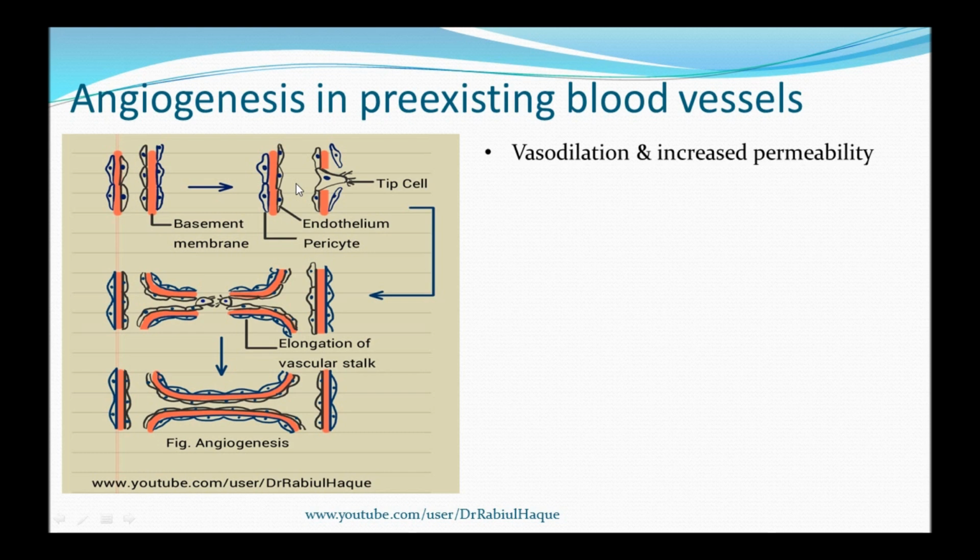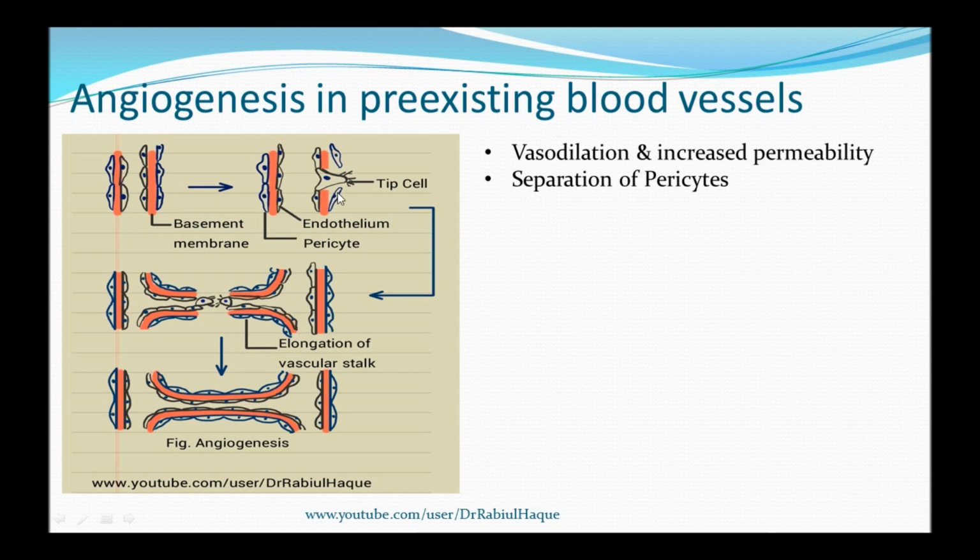Now the next step in angiogenesis is separation of pericytes. Can you see the pericytes on the image? Notice in every blood vessel, from inside to outwards, we have endothelium, then the basement membrane, and outside that basement membrane we have some periendothelial cells, some of which are called pericytes.